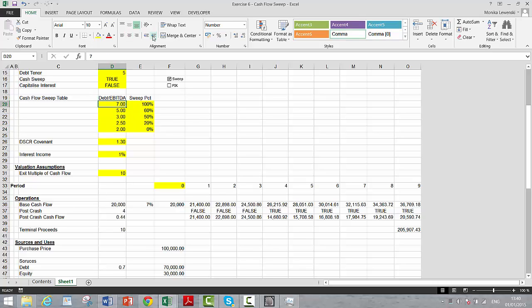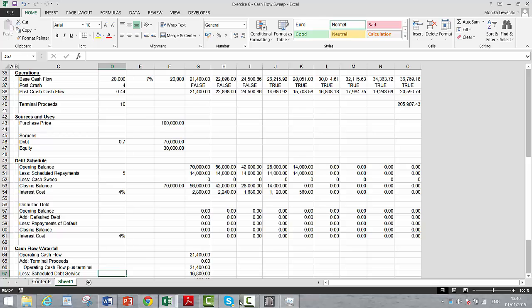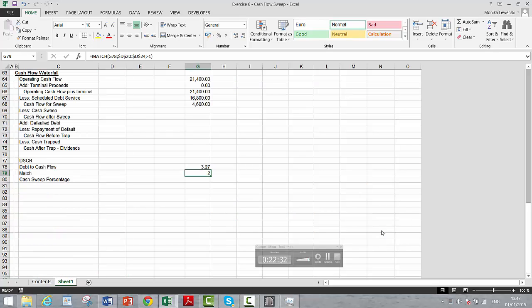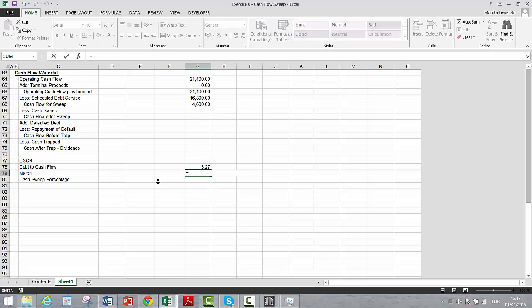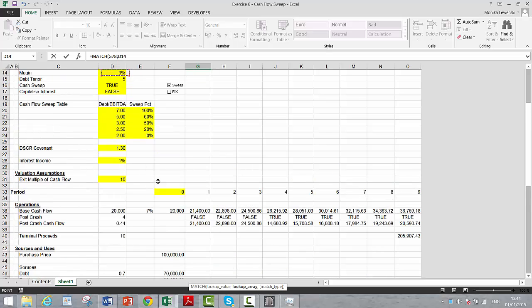Is that right? No. Okay, let me redo that. Equal MATCH. Go up to this line and then select all of these. I thought that's what I did. I apparently must not have.